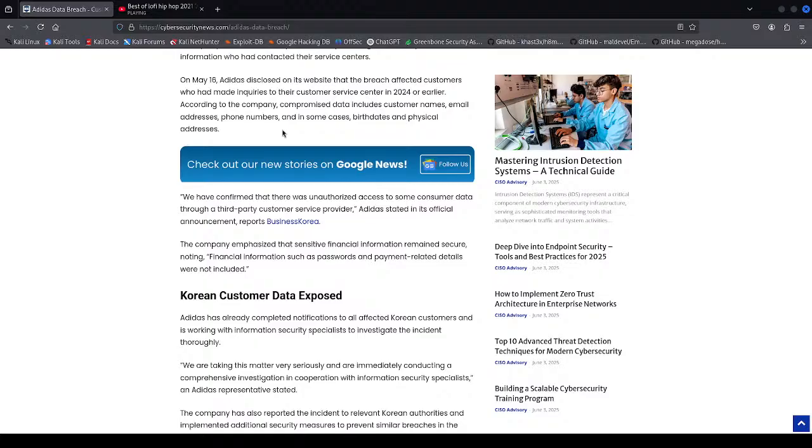I mean, I'm not going to lie, the names and phone numbers of Korean people can only matter to somebody who is an enemy of Korea, because I don't think any English-speaking person cares about that.